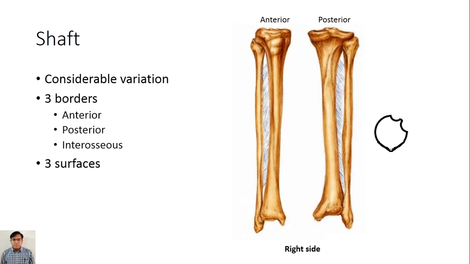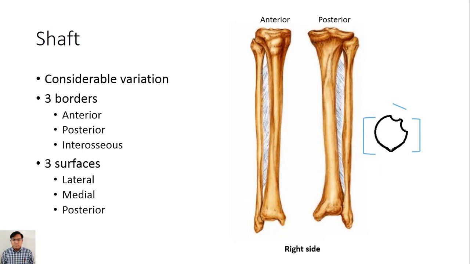It has three surfaces: lateral surface, medial surface and posterior surface. So this is the lateral surface, between the anterior border and posterior border. Between the anterior border and interosseous border, the surface is the medial surface, and between the medial border and posterior border is the posterior surface.